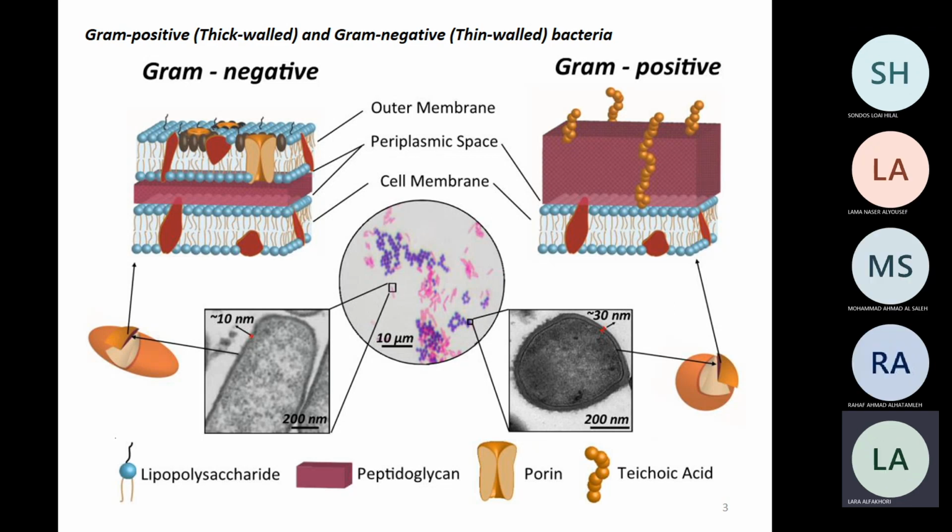Okay, هلا ليش الجرام positive والجرام negative بيختلفوا بالcoloration they present when they are stained with the gram stain. This is due to the variations in the cell wall. Okay, هلا بالgram positive bacteria, which stains violet when using the gram stain, it has a very thick layer of the cell wall.